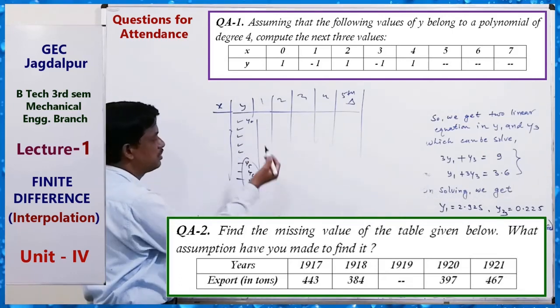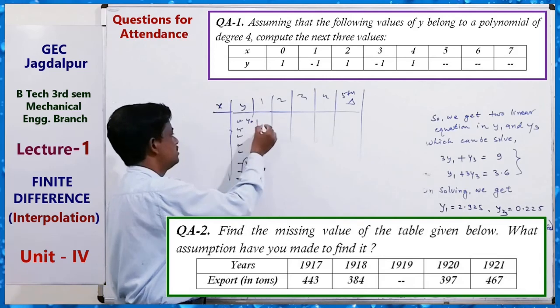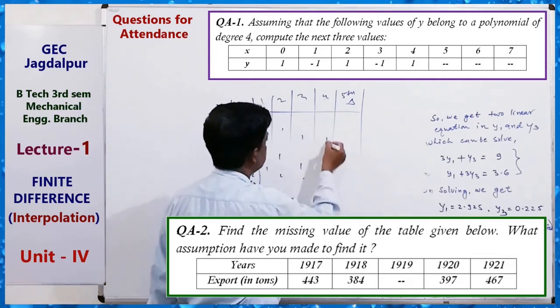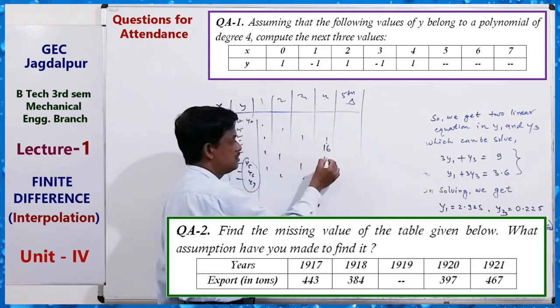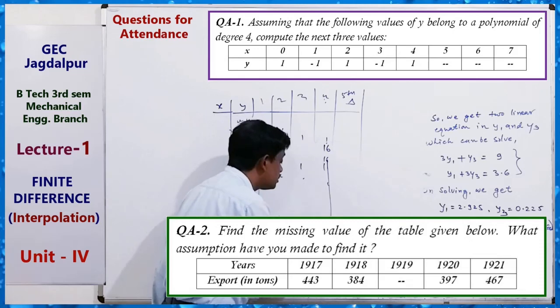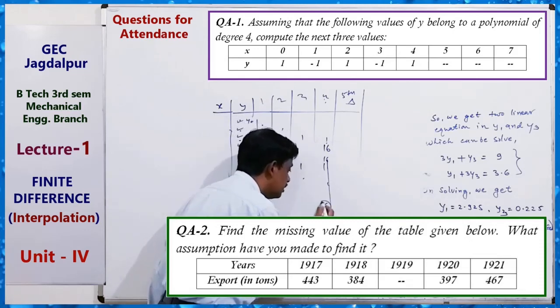Just prepare the table. The 4th differences you can see here are 16, then 16. The 4th differences will be constant, that is, all the differences should be 16.